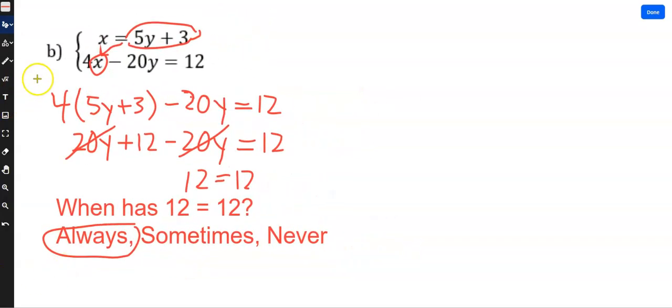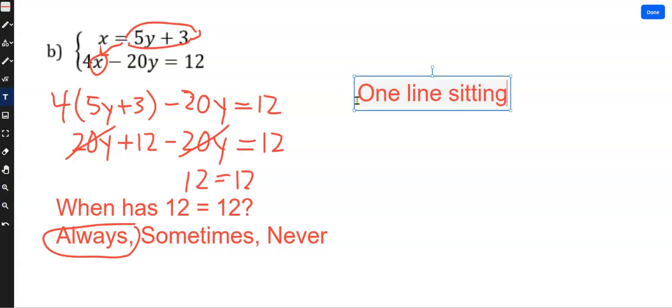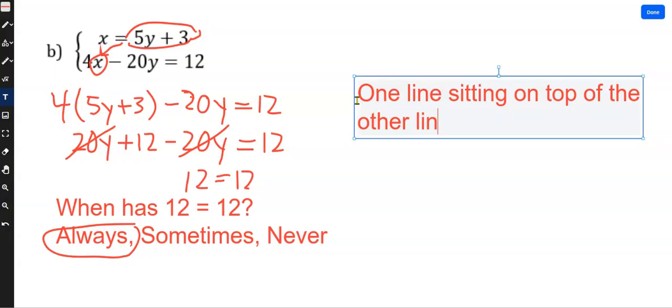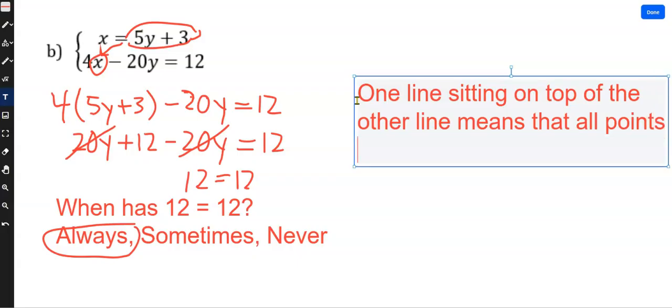Well, it means that the two lines are exactly the same. You got one line sitting on top of the other line, means that all points are solutions.